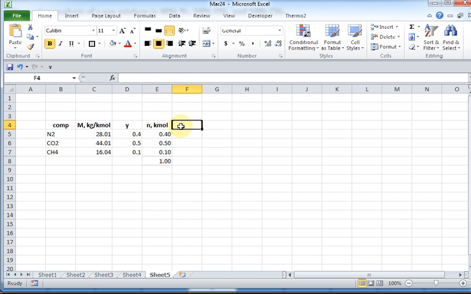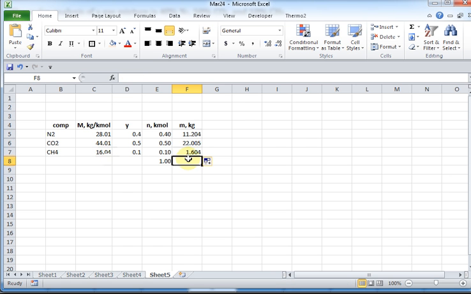Now that I know how many moles there are, what is the mass in kilograms of 0.4 kilomoles of nitrogen? Is it that? Sure. And so it's 11.204. I'll just drag that down. So I have 11 kilograms of nitrogen, 22 kilograms of CO2, and 1.6 kilograms of methane.